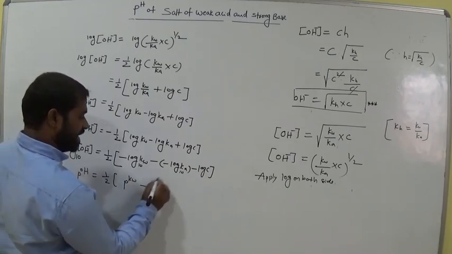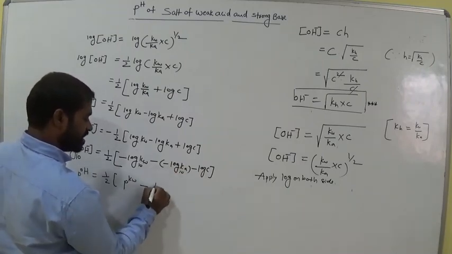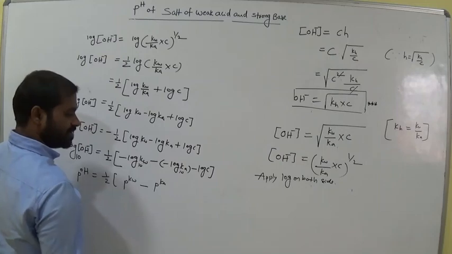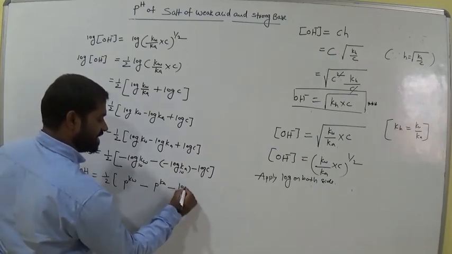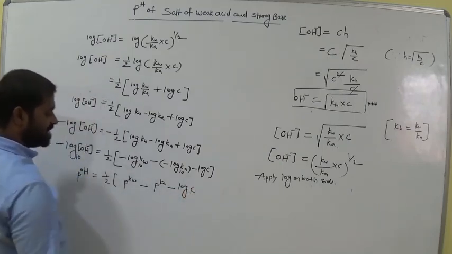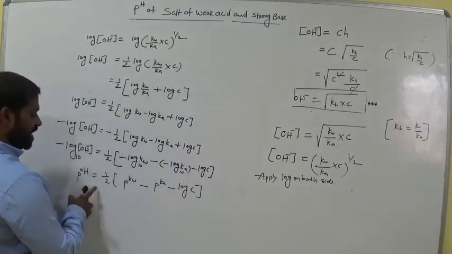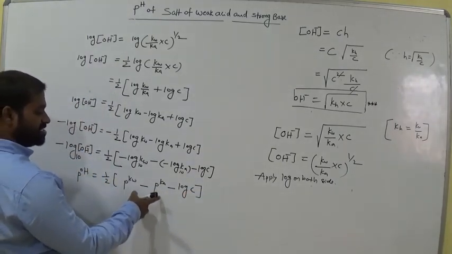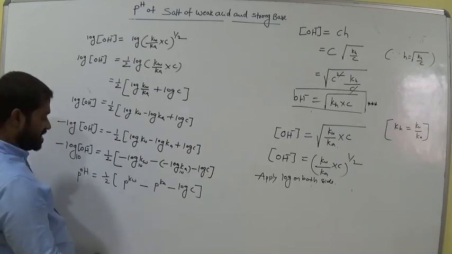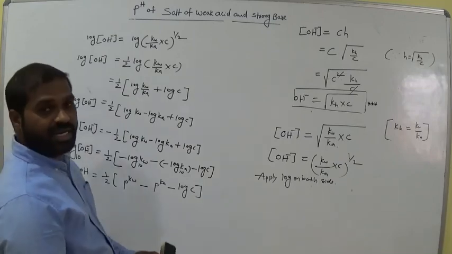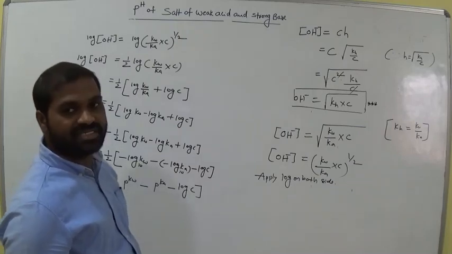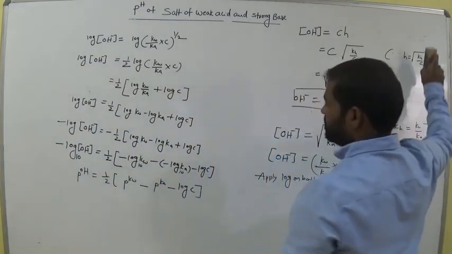Now minus log Ka to the base 10, can I write as pKa? Already we discussed these expressions. Then log C, am I right? Now pOH equals pKw minus pKa minus log C. Clear? This is pOH, but what we need here is pH, am I right?